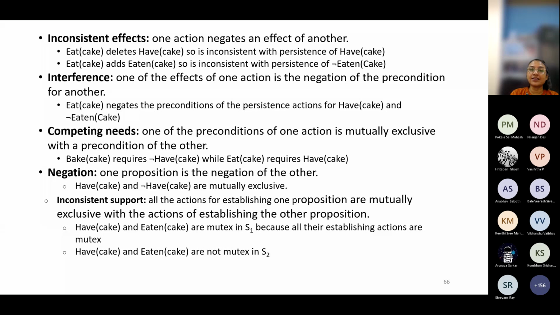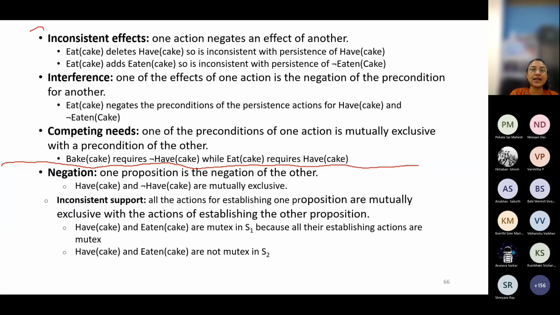Interference: one of the effects of one action is the negation of the precondition for another. For example, eat cake negates have cake, which is the persistence action for have cake and not eaten cake. Competing needs: one of the preconditions of one action is mutually exclusive with a precondition of another. For example, bake cake requires not have cake, while eat cake requires have cake.